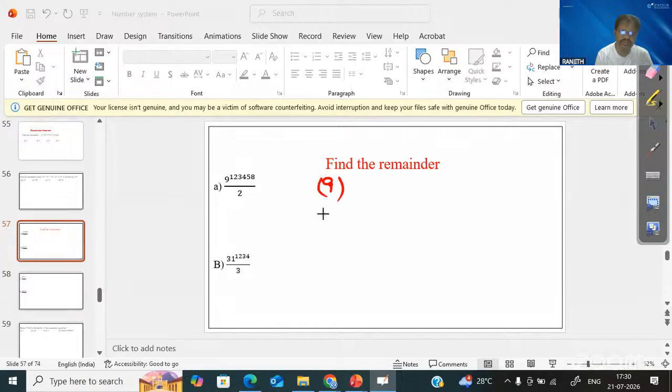We take only one time: 9 divided by 2. So what is the remainder? 1. So every time, when we divide 9 by 2, we get remainder 1. Just hold on one second.